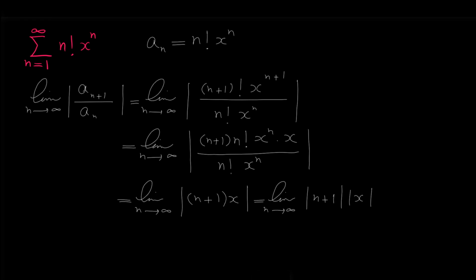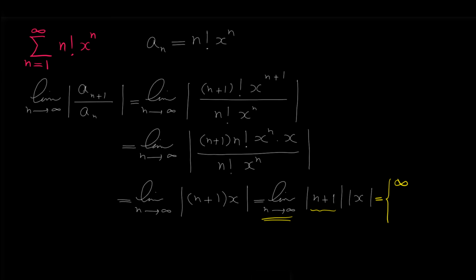In this limit, n approaches infinity, and so n plus 1 goes to infinity, and infinity times the absolute of x is infinity. So it seems that this limit is always infinity.